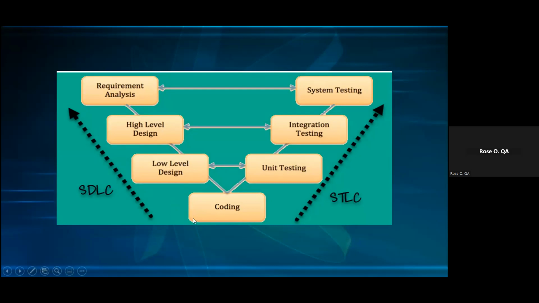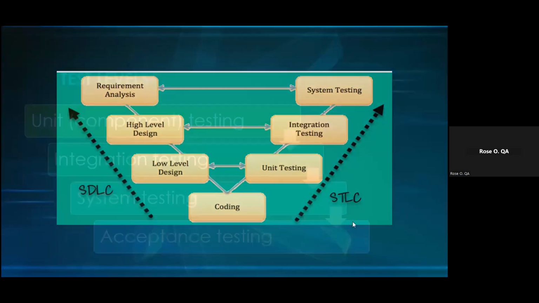For SDLC, it also starts from code. I use the V-model way. So from code to low level design, high level design, then the requirements. The same way is mainly validation, and this is the verification and validation phase. Requirement, system testing, high level design, integration testing, low level unit testing, and the coding.